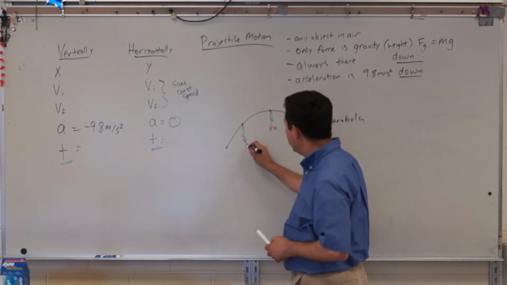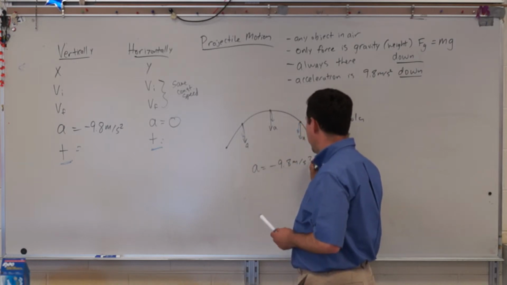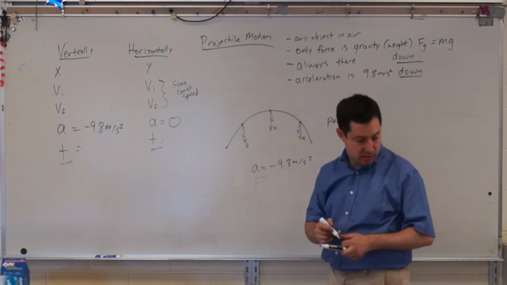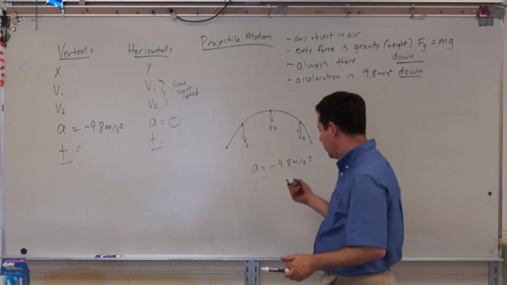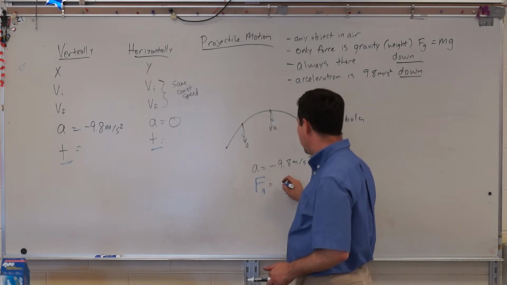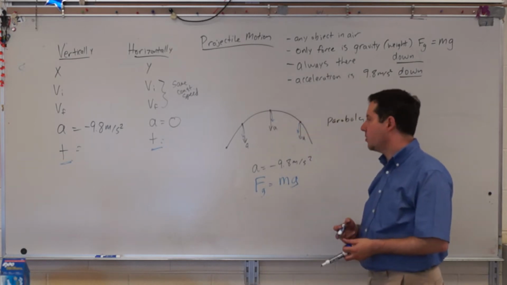And at all points, acceleration is equal to negative 9.8 meters per second squared. And at all points, your force is equal to the gravitational force mg, your object's weight.